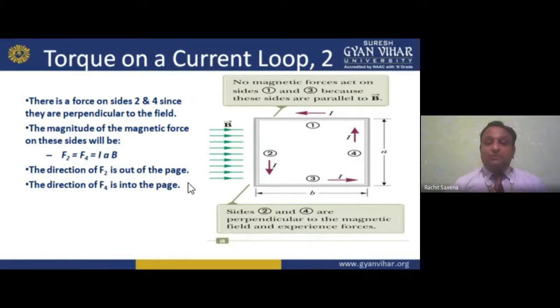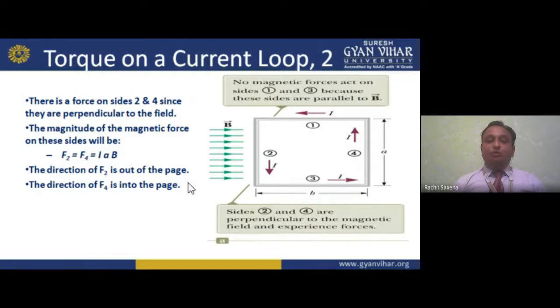As per my previous discussion, if the magnetic field is parallel to the sides, then there will be no force acting. If it is perpendicular, then there will be some force exerted, that is the electromagnetic force. So there is a force on sides 2 and 4 since they are perpendicular to the field.